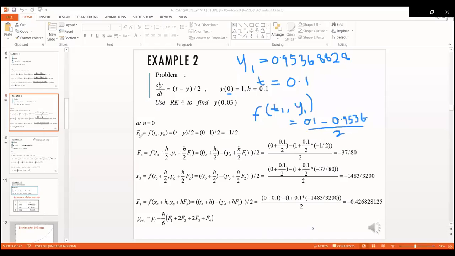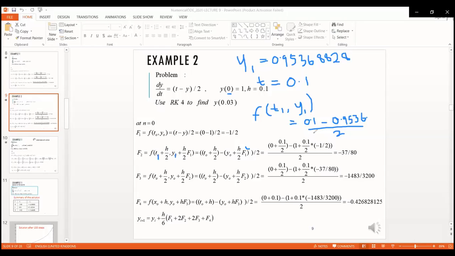Then once you are done, you use the F1 in here, but all values will be based on your T1 and then your Y1 value. So in this new calculation, it is going to be F of T1 plus H over 2, then Y1 plus H over 2 F1, which you would have calculated here.